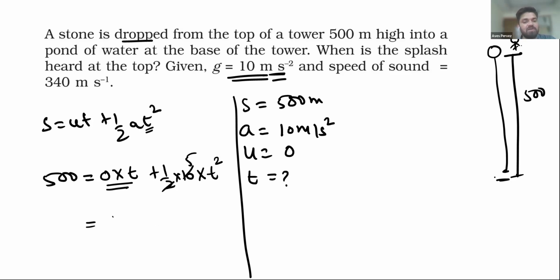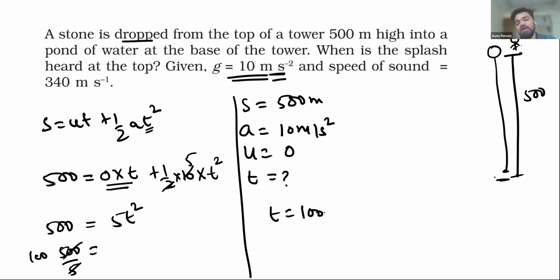Now this 5 goes down, 500 upon 5. You will get 100. So T square is 100, and T will be equal to under root 100, which is 10 into 10.